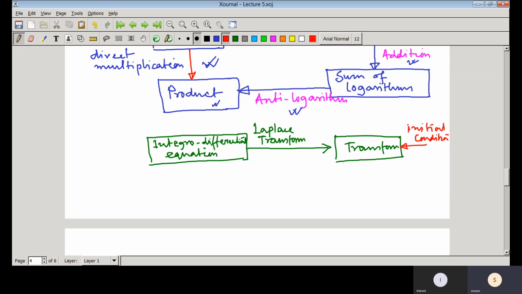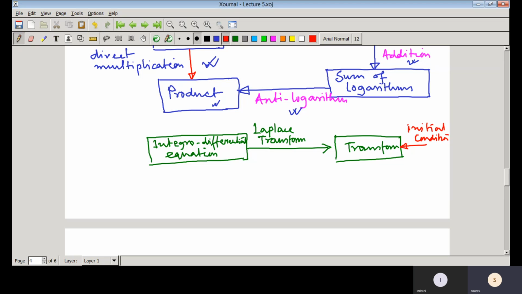That is one of the advantages of solving a differential equation using Laplace transform. You need not solve separately the homogeneous equation and the particular integral.